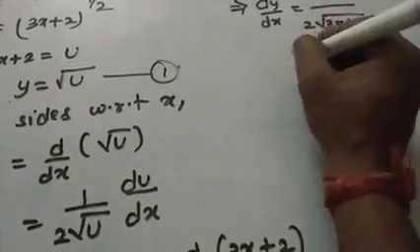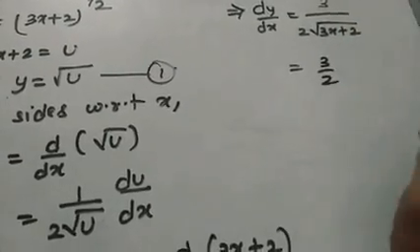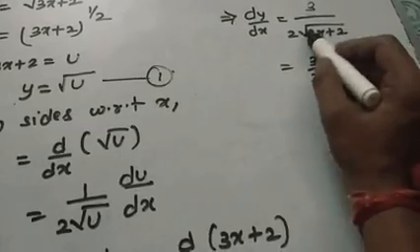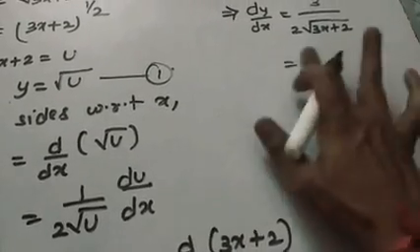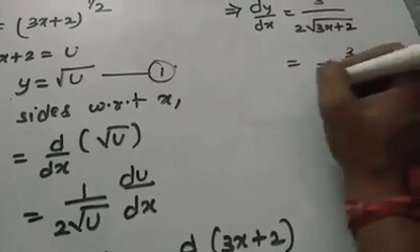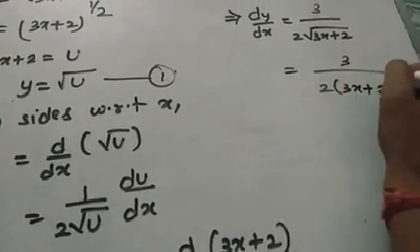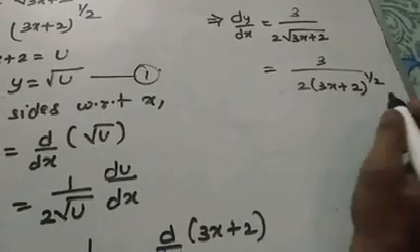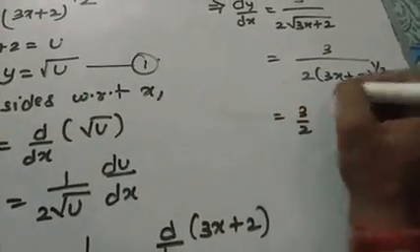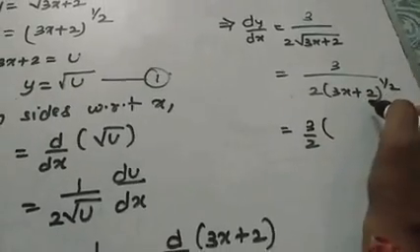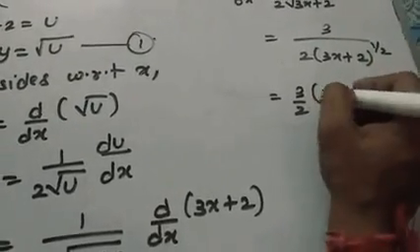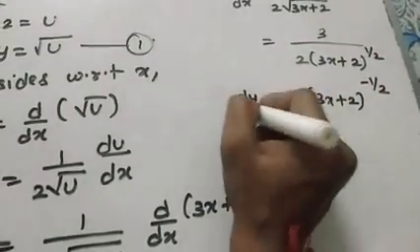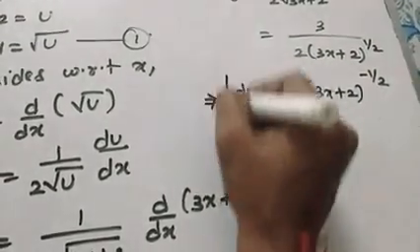Or more simply we can write 3 by 2, it remains like this, and 3x plus 2, what is the power here? (3x plus 2) to the power half. Square root means power half, and if the term goes from denominator to numerator, the power becomes minus. So this is your dy by dx.